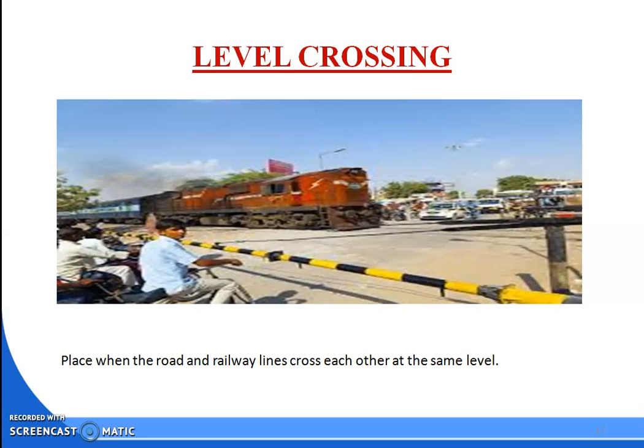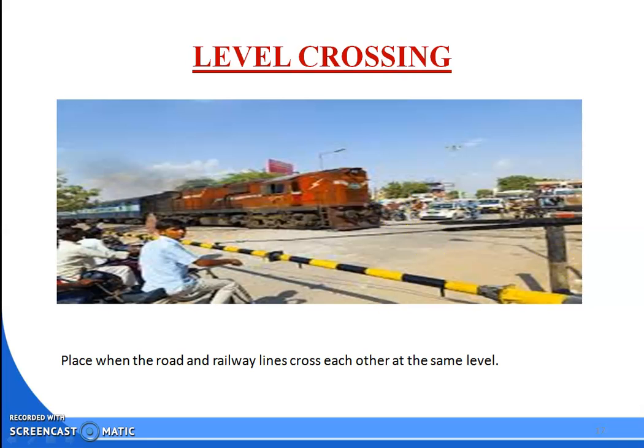Level crossing: you all see level crossings whenever you are traveling on a road or highway. There are some places where the railway and the road cross each other. When the rail track and the highway are at the same level, that is called a level crossing.